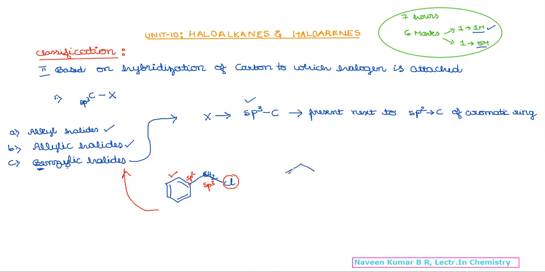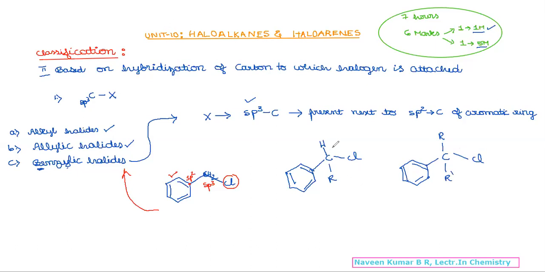If we take the same benzene ring, now instead of one hydrogen, we'll assume there is an R group, and Cl. Again, we can observe one more structure: a benzene ring, a carbon, and assume the 2 hydrogens are replaced by R groups. If you observe both the structures, we can consider primary, secondary, tertiary here.